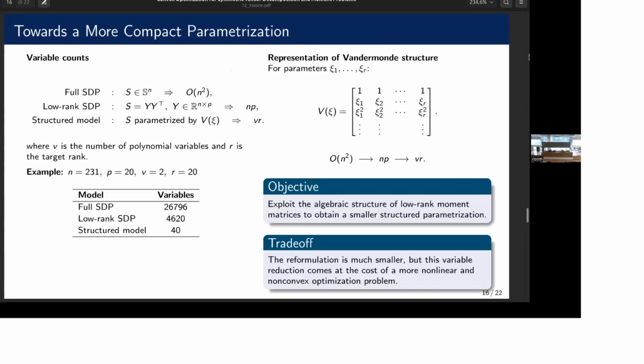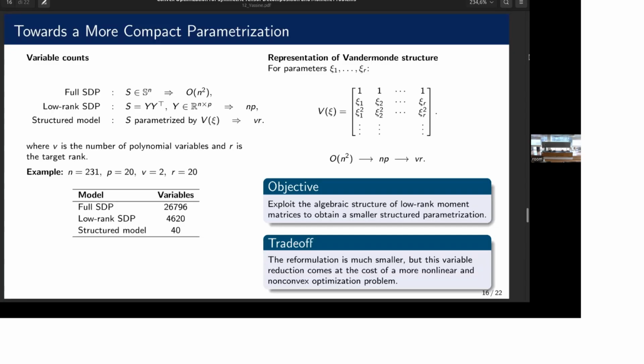Based on these previous results, we started thinking about exploiting the structure of this problem and a more compact parameterization of this matrix S, or moment matrix. When we work with the full SDP method, S will be of size n, so we'll have n squared variables.